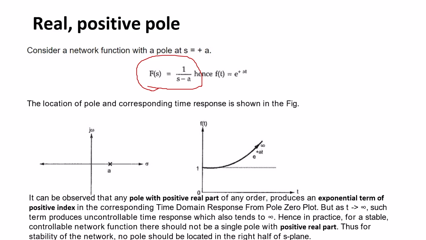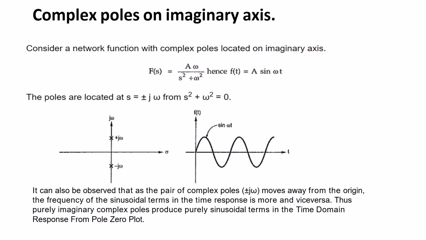So if we have poles located in the left half of the S-plane, the system is stable, but if we have poles located in the right half, the responses show instability.